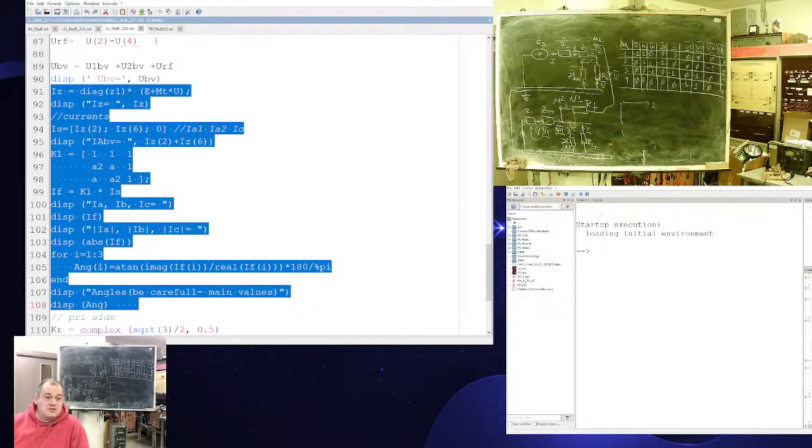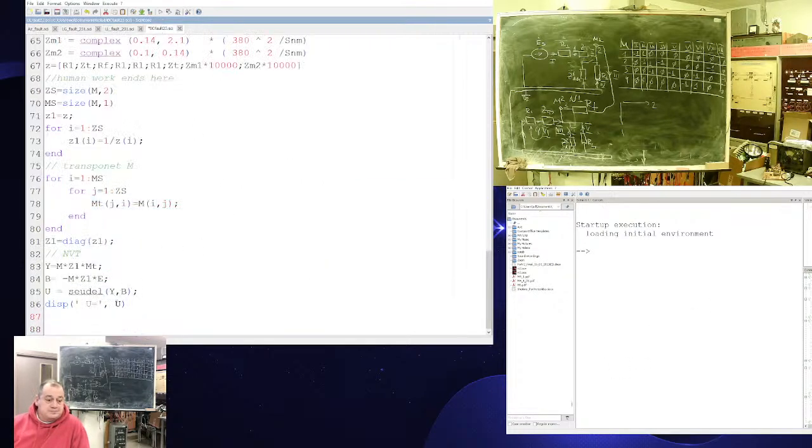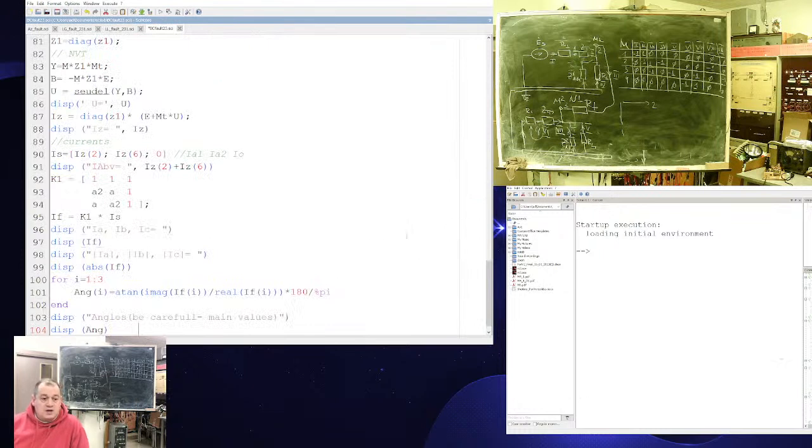I will copy this. What am I copying? I'm looking for the current flowing through the transformer. In direct sequence the transformer is the second branch, it's okay. Here in negative sequence or reverse sequence it's branch number 7. So I'm putting a 7.